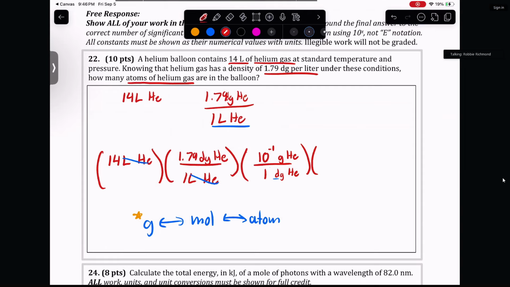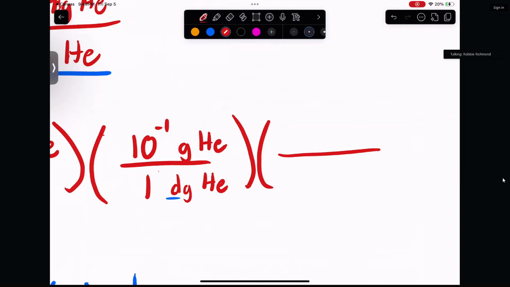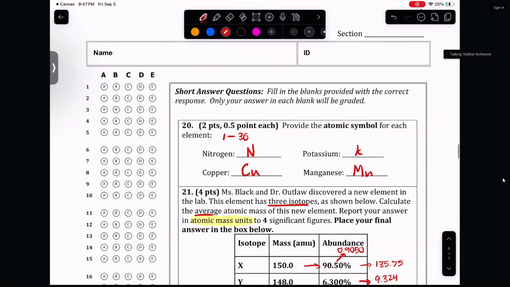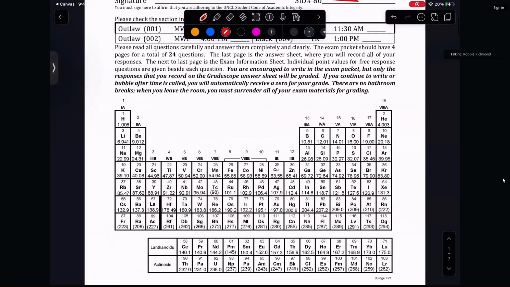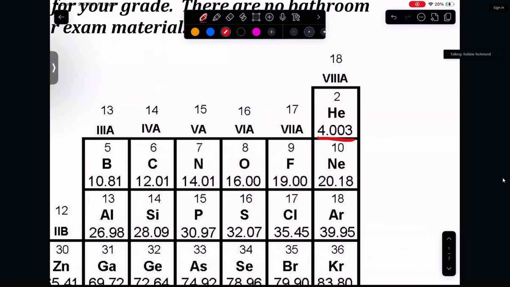So to do this, we'll use the molar mass of that element and convert it to moles. So 1 mole of helium is going to be this many grams of helium. Let me look at the 4.003 grams of helium will be 1 mole of helium. That is what this number is saying here.